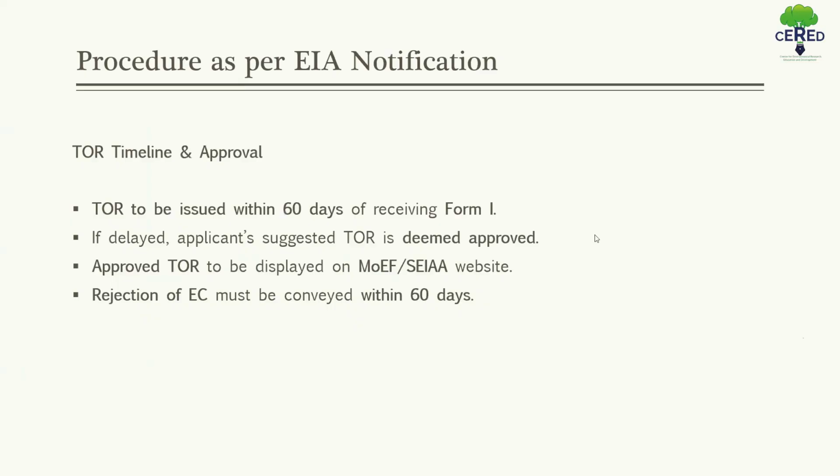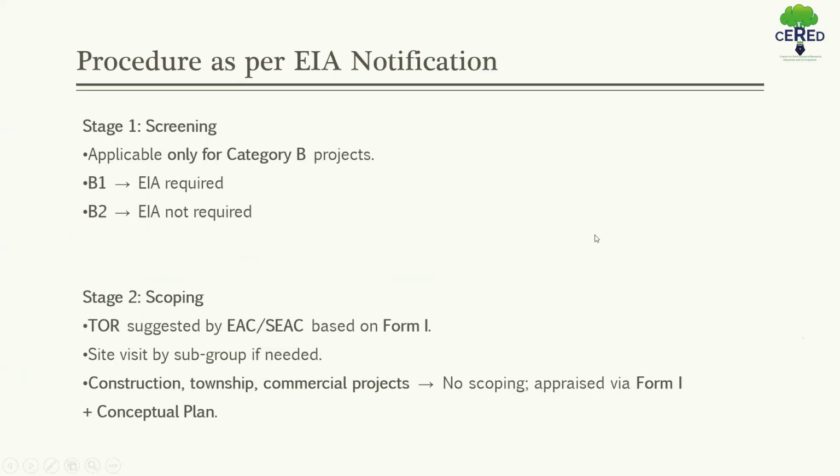So we go to the scoping. Yes, we start from scoping. So during the time of scoping, the TOR is suggested by EAC or SEAC based on Form 1. As I say, Form 1 conceptual plan or pre-feasibility report is necessary to obtain TOR, which is terms of reference from the committee.